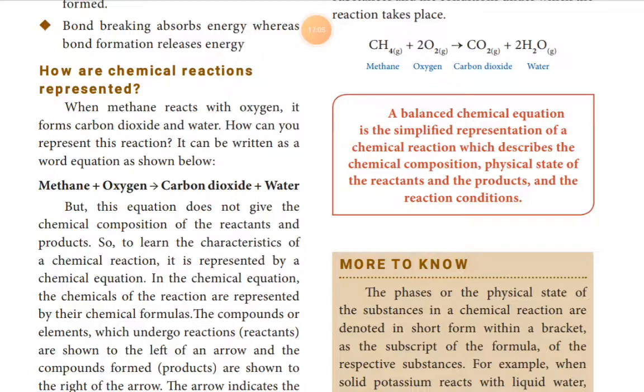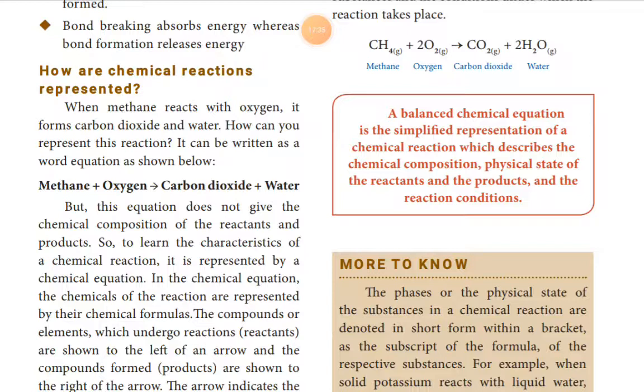The compounds or elements which undergo reactions are reactants. So methane and oxygen undergo reactions, so they are called reactants. And carbon dioxide and water are the new substances formed, so they are called products. The substances on the left hand side of the equation are reactants, methane and oxygen.